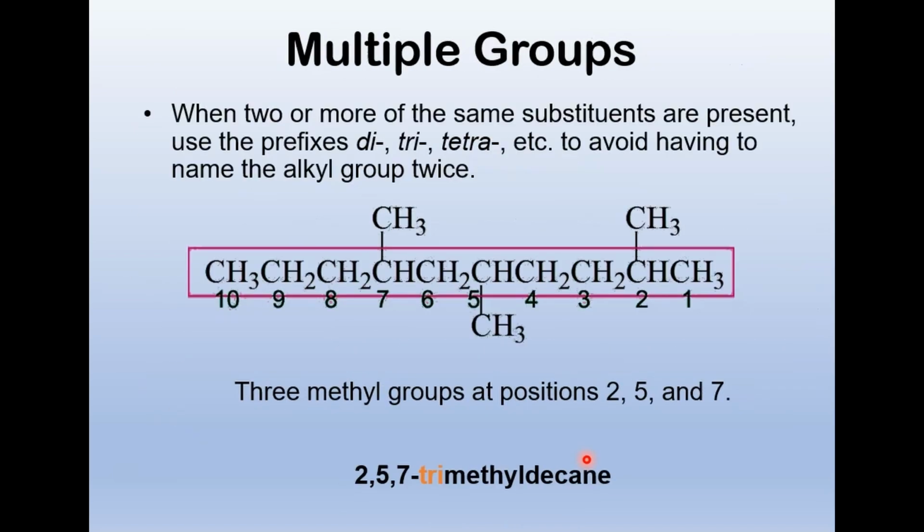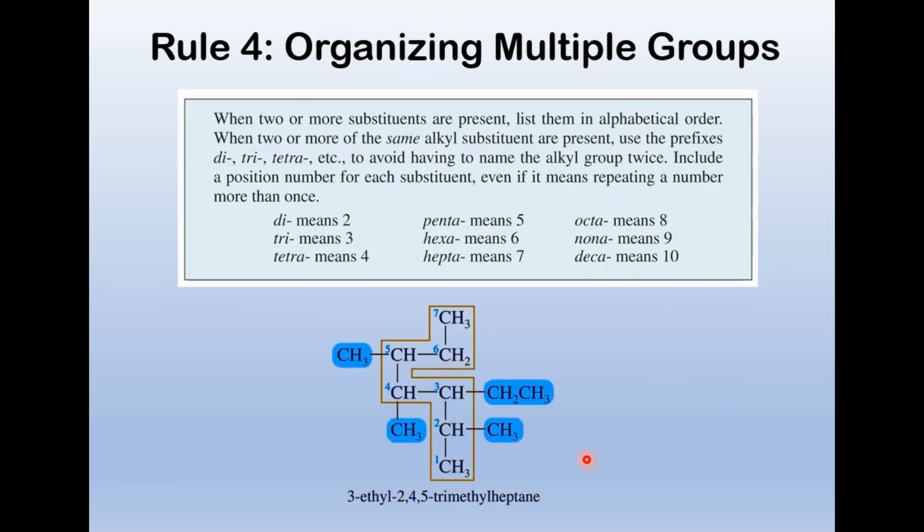Let me go back. There should be another rule that says number the chain so that if there's more than one way to number the chain, all other things being equal, like right here, I could start here and go 1, 2. It still comes out 2-methyl. But there should be a rule that says give it the most substituents possible.